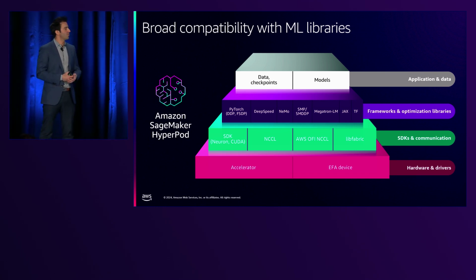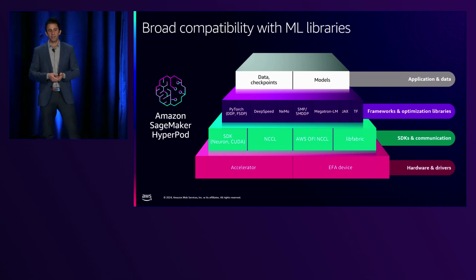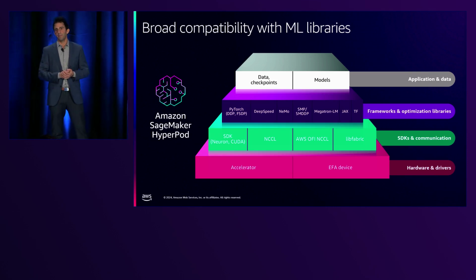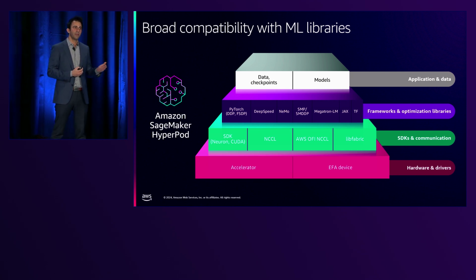You might need tools like DeepSpeed to break up your data so you can perform data parallelism and distribute that data across the multiple GPU nodes in your cluster. You might want to take advantage of something like Megatron-LM to split up your model and, again, distribute it across the GPU nodes in your cluster for training purposes. And then you also might take advantage of something like NeMo if you're working with speech recognition.